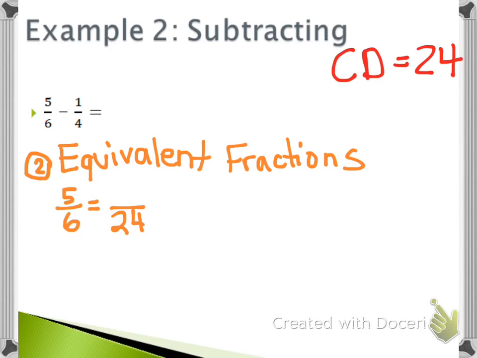So we need to set each of these fractions, 5/6 and 1/4, equal to a fraction that has the common denominator of 24 as its denominator. And so we have to figure out again what the numerator of this new equivalent fraction is going to be.